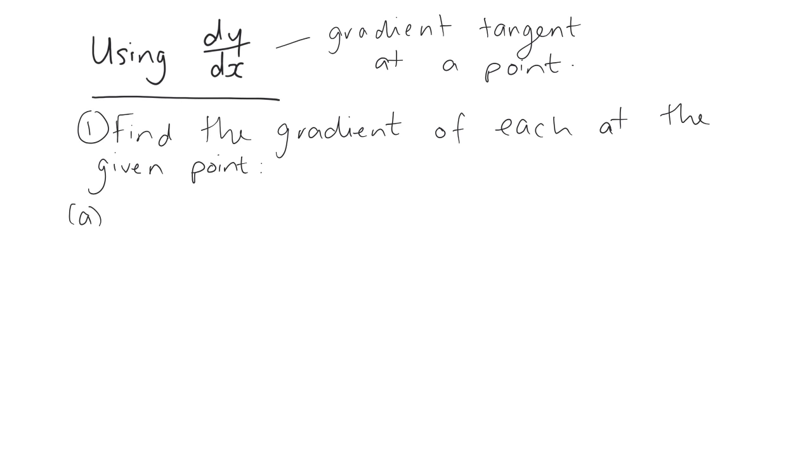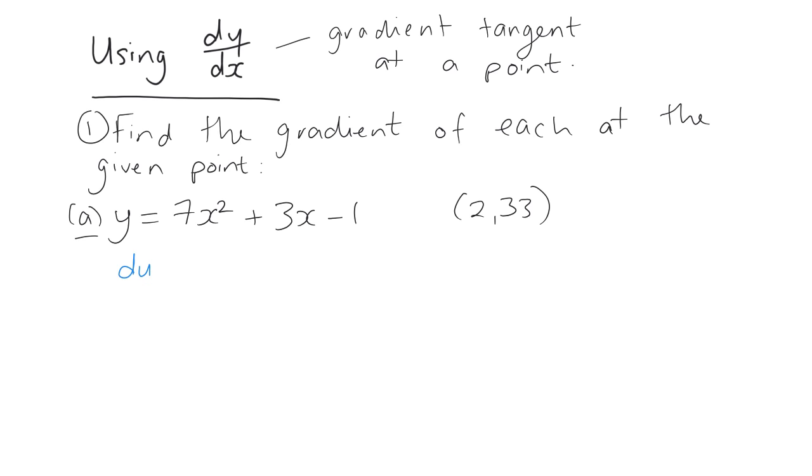So part A, y equals 7x squared plus 3x minus 1, and the point is 2, 33.